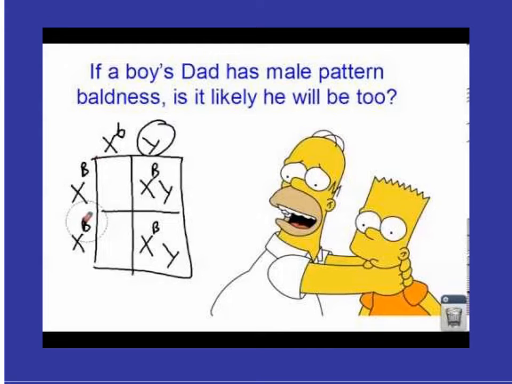Sex-linked inheritance. As you know from previous lessons, you have 22 autosomal chromosomes and one set of sex chromosomes. And so this lesson is all about inheritance that follows those sex chromosomes.